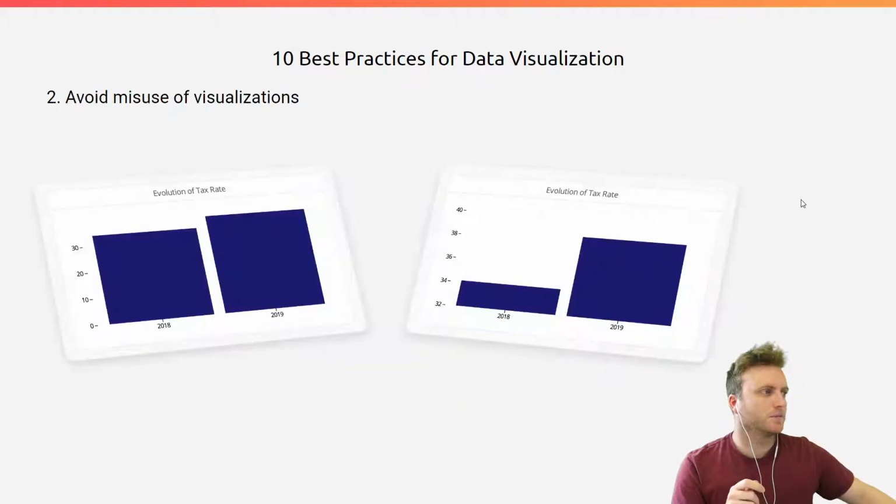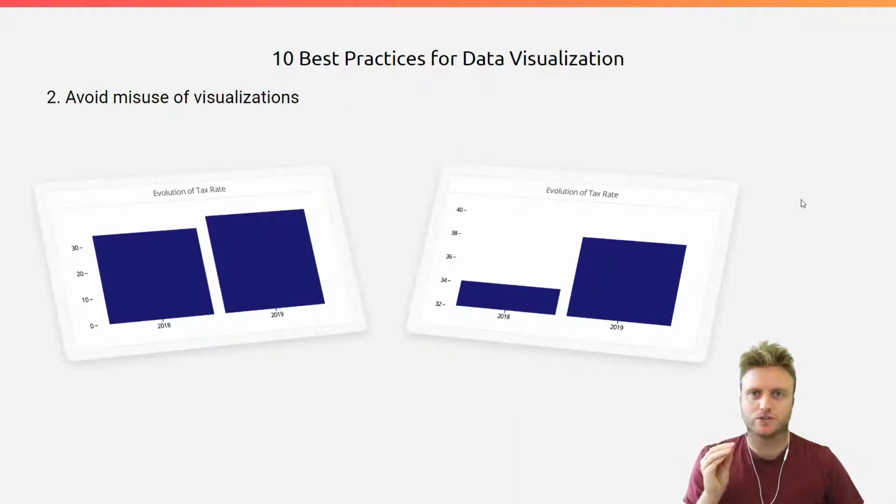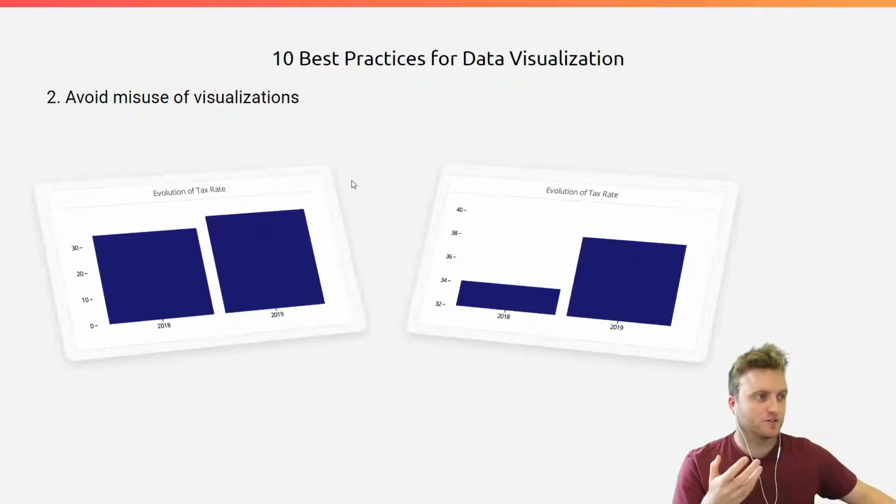Now, the second part is to avoid misuse of visualizations. We see two different charts with the same meaning, showing the evolution of tax rate. In the first one, there's just a small difference, no big difference between 2018 and 2019. If you look at the second one, it's a huge difference.